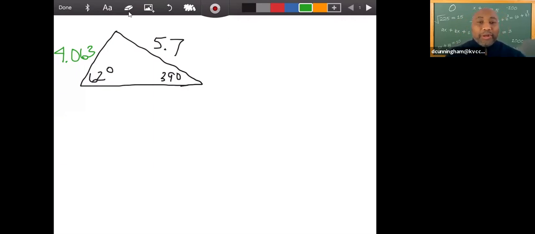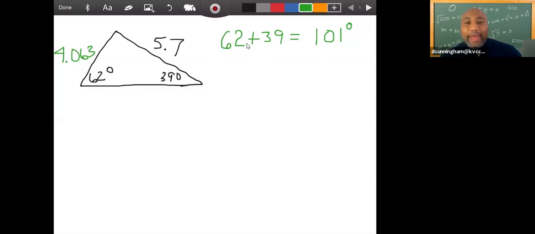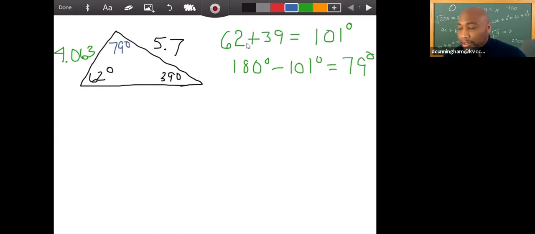Trying to get this pen working, and it seems like it ran out of power. There we go. So we add those 2 angles, and then we subtract from 180 degrees the 101. That's the addition of those 2 angles. That would give me my 3rd angle, and it looked like it would be 79 degrees. So I'm going to put that in blue. So up here, we know we have 79 degrees.